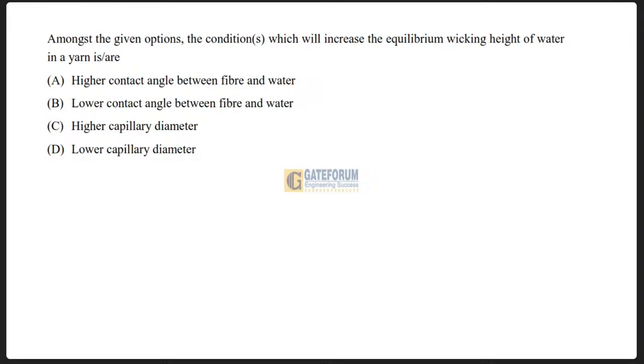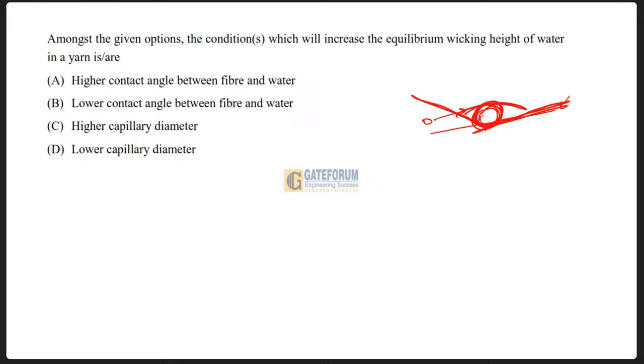You need to see the contact angle. Suppose this is a fabric surface, and when a water droplet is put onto it, the angle it makes with the fabric surface is known as the contact angle.